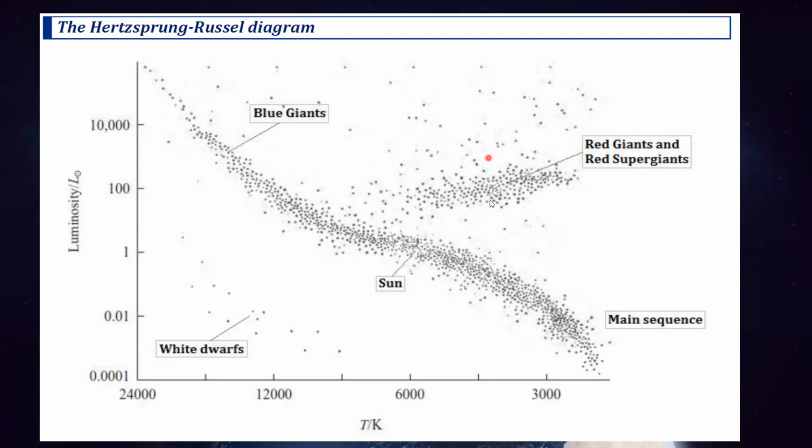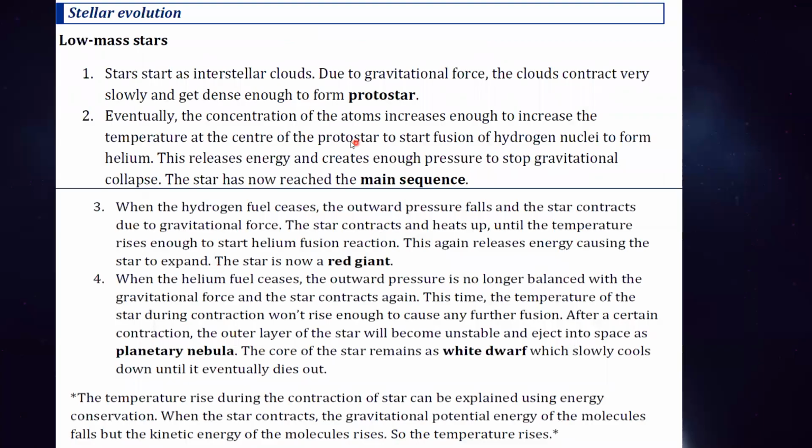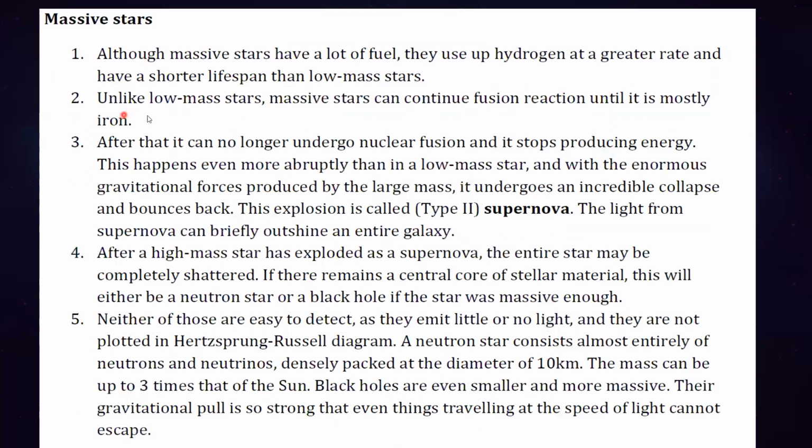That's why they have a short lifespan in the main sequence, and they turn into either a red giant or a blue giant. So what happens? Unlike a low mass star, the massive star continues the fusion until it is mostly iron. And then, after they are not able to undergo any fusion, they stop producing energy and start to collapse.